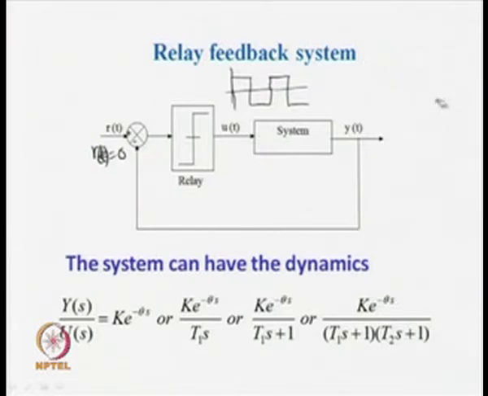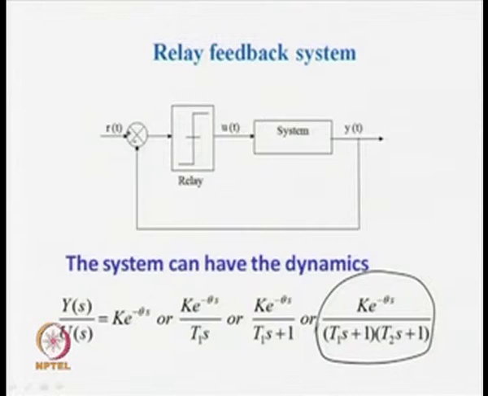Now, the system dynamics can be represented in different forms, and earlier we have seen such a general transfer function form for the system representation. When the system dynamics is given in this form, it includes many characteristics of a system.